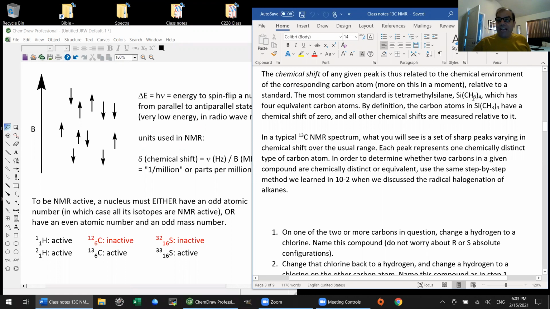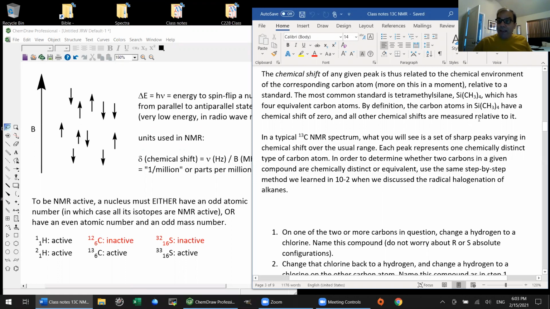You can replace any one of those hydrogens with, say, a chlorine, and you'd get the same compound. So the standard for carbon NMR is tetramethylsilane, where we set it by definition. We say that tetramethylsilane shows up at 0 parts per million. Most NMR solvents have a little bit of tetramethylsilane in them, and so we simply find that peak and say that's 0, and then everything else is measured relative to that.